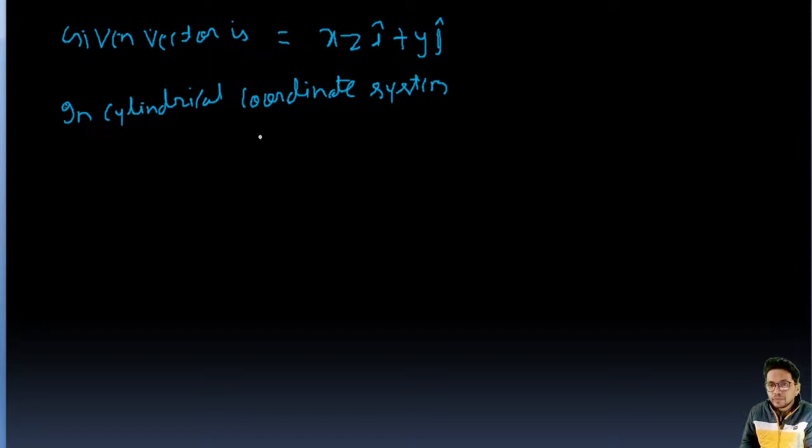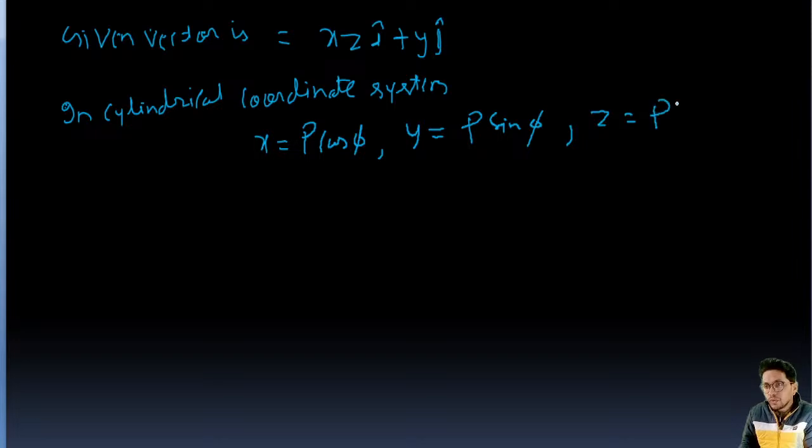we know x equal to rho cos phi, y equal to rho sin phi, and z equal to z.